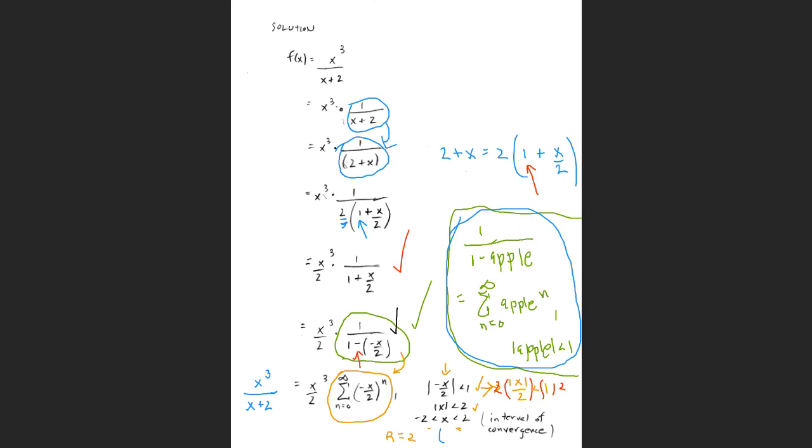So we could write this as the open interval from -2 to 2. So all the intervals of convergence in section 8.6 are, for practical purposes, open intervals. I have to be a little careful what I say, but yeah.